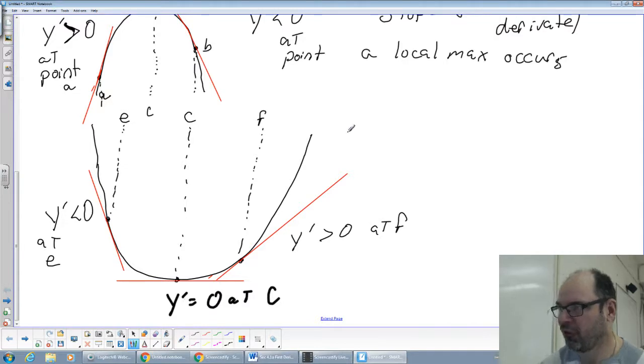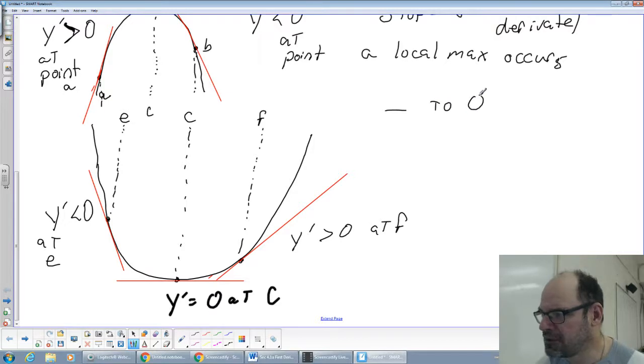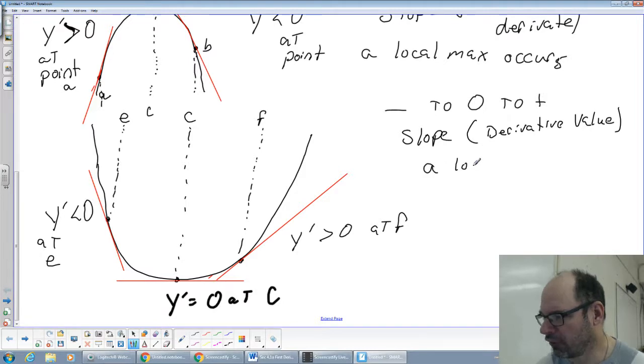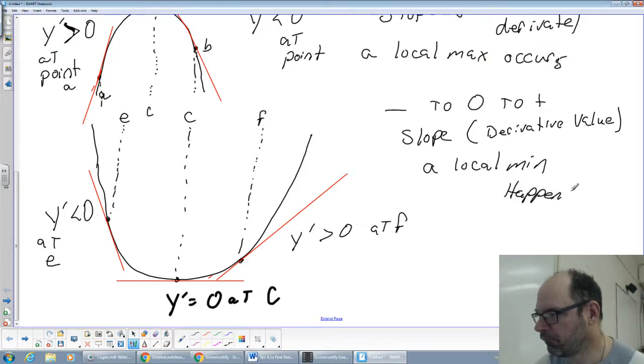When we go from negative to 0 to positive slope for the derivative, we have a local minimum. So that's how you find local maximums and minimums.